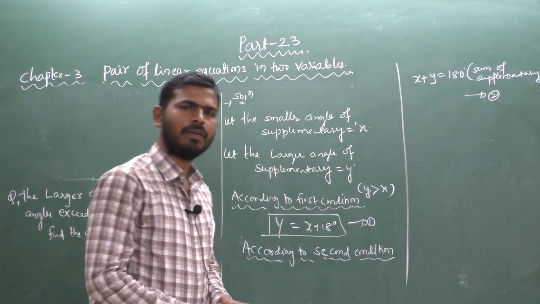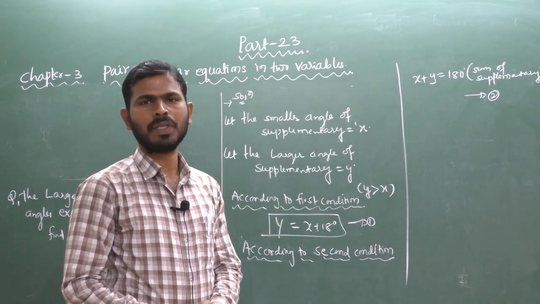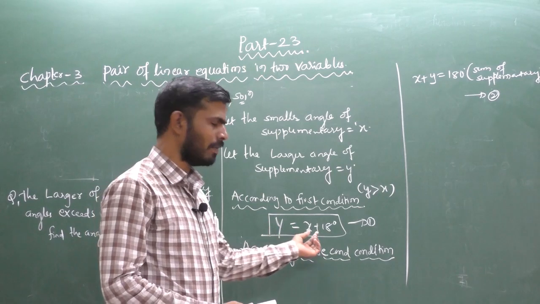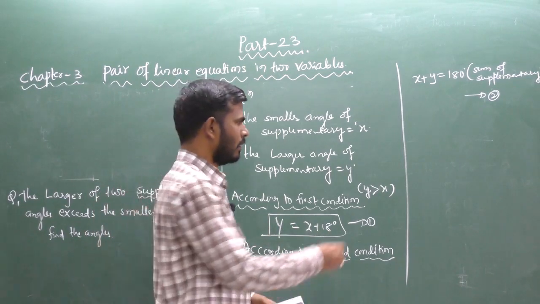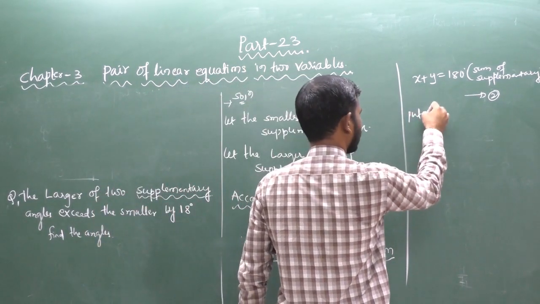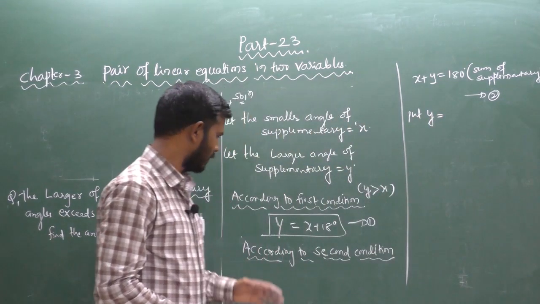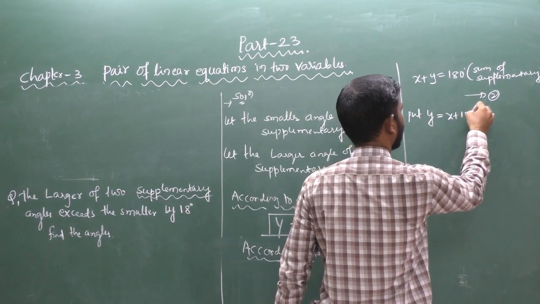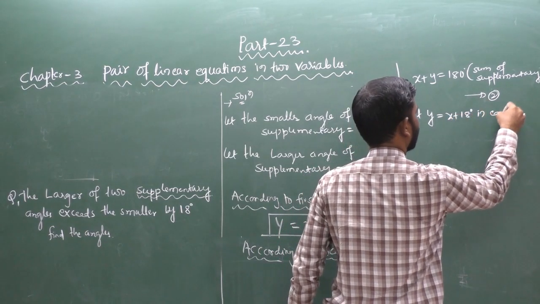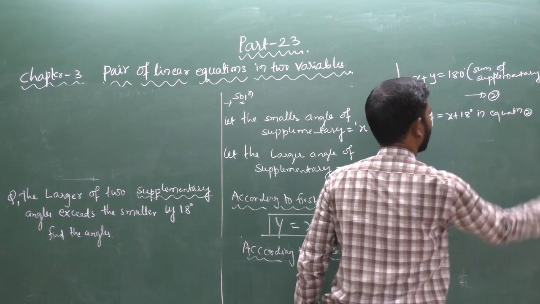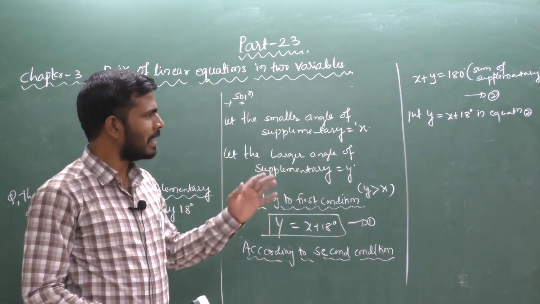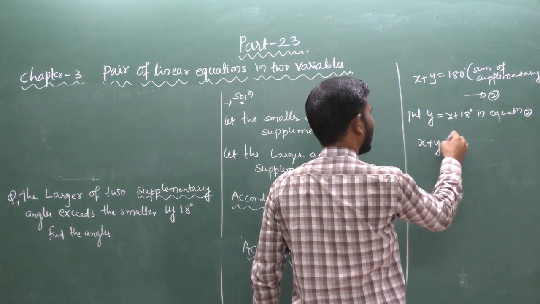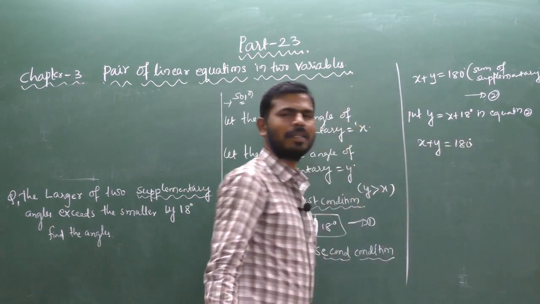Now you have to find the x and y values by the substitution method. Y is already given as x plus 18. So put y equals x plus 18 in equation number 2. Equation 2 is x plus y equals 180 degrees.